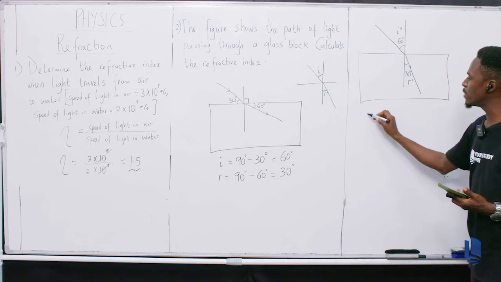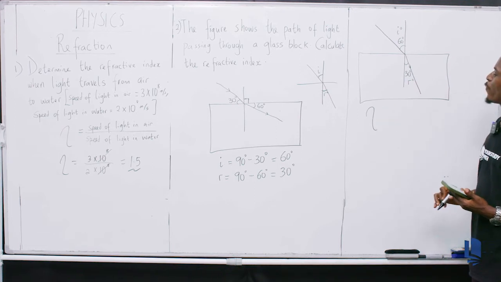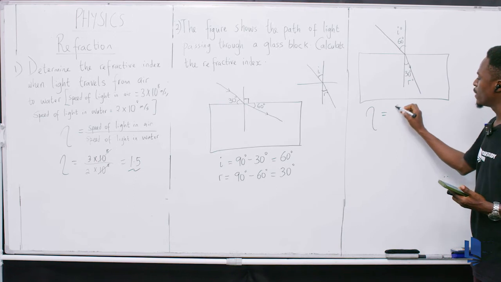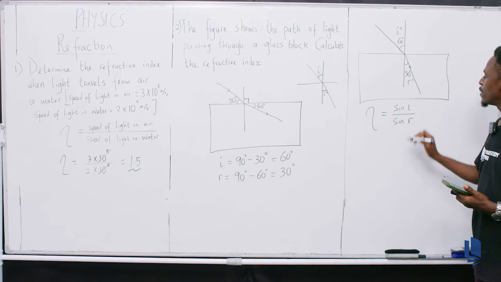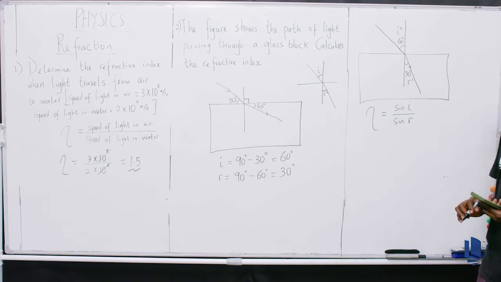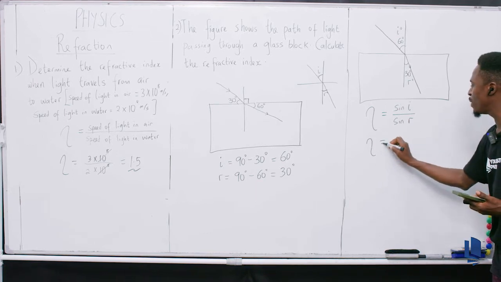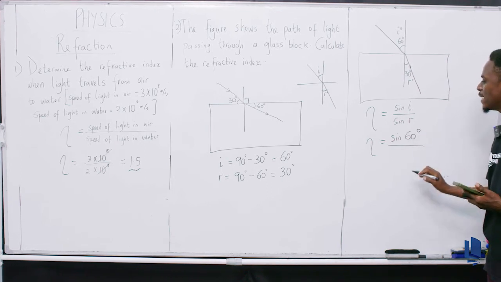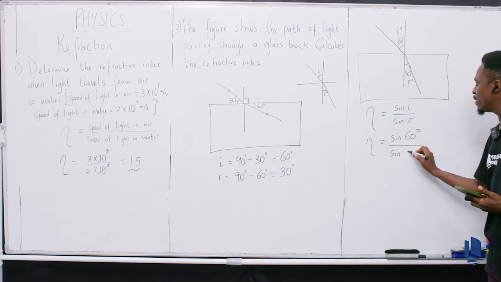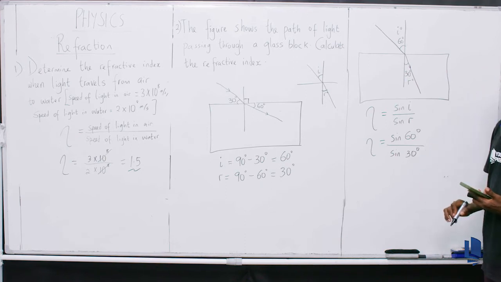And we know that refractive index is simply sine I over sine R. Sine I now being sine 60 degree divided by sine R being sine 30 degree.